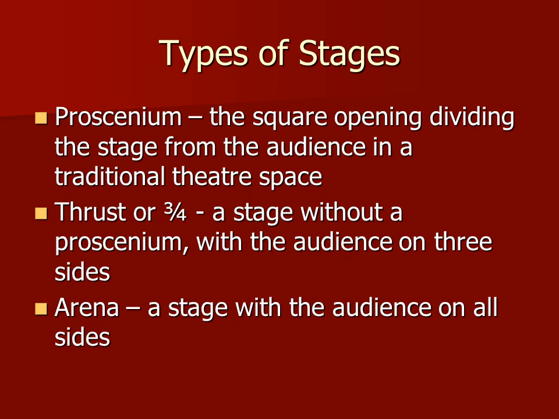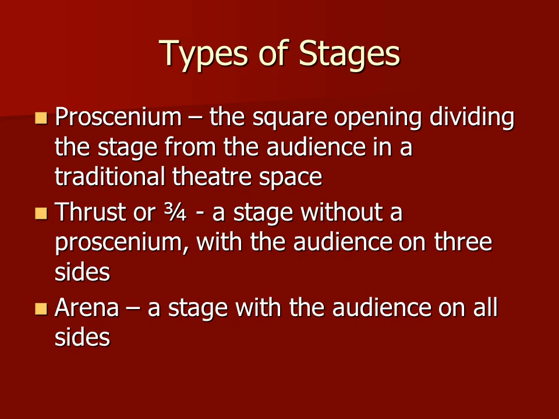And the other sort of stage is what we call arena staging, or sometimes we call it theater in the round. And this is where the stage is in the middle and you've got audience on all sides. It gets the audience really close to the actors, and it really engages the audience with each other because besides seeing the actors, you're also looking at the audience across the stage from you. It makes it a little harder because you can't have big set pieces, because that would block the view from some of the audience, but it gets it really intimate.